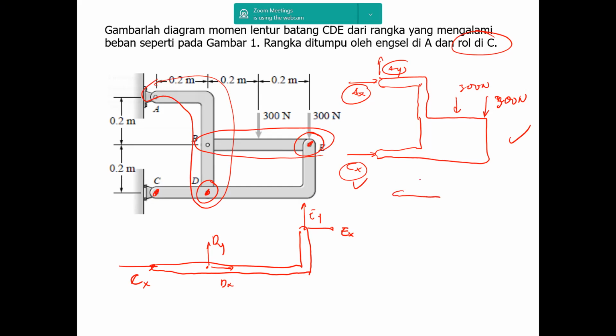So now I will take a look at ABD. In ABD there will be Dx, Dy, opposite to the Dy, Dx on CDE.